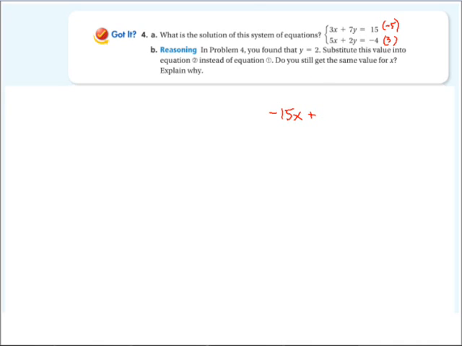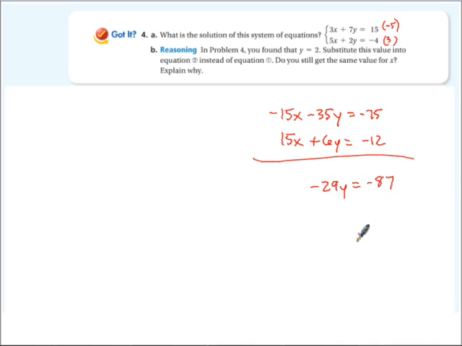So we have negative 15x minus 35y equals negative 75, and on the bottom we have 15x plus 6y equals negative 12. When we add those straight down, that's 0. This is negative 29y, and this is negative 87. Okay?